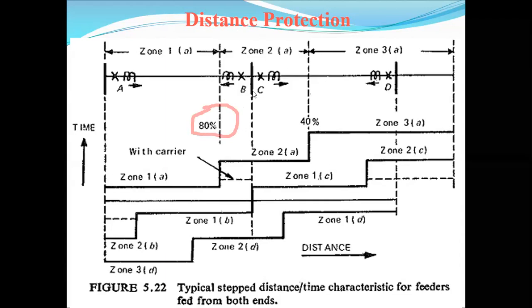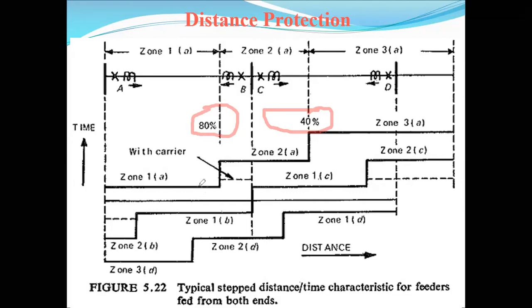This zone 2 relay coil gives 40% of backup protection, and overall zone 3 gives the backup protection.